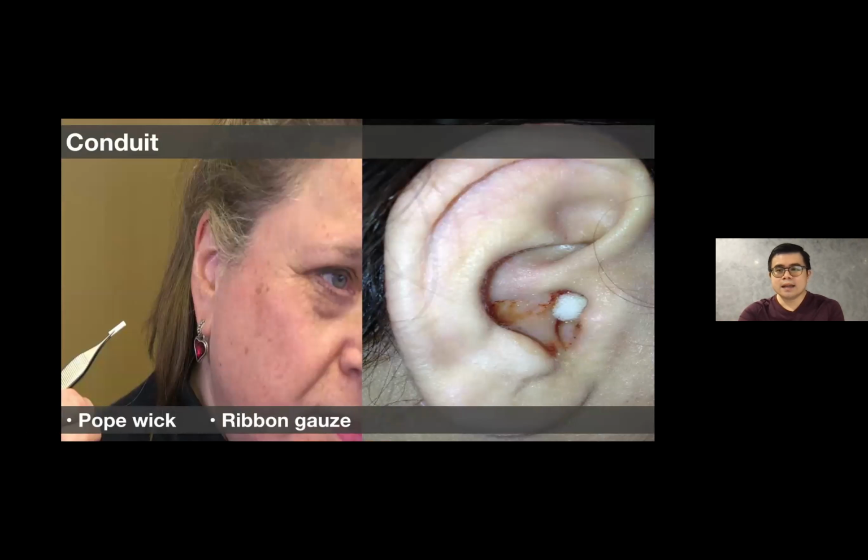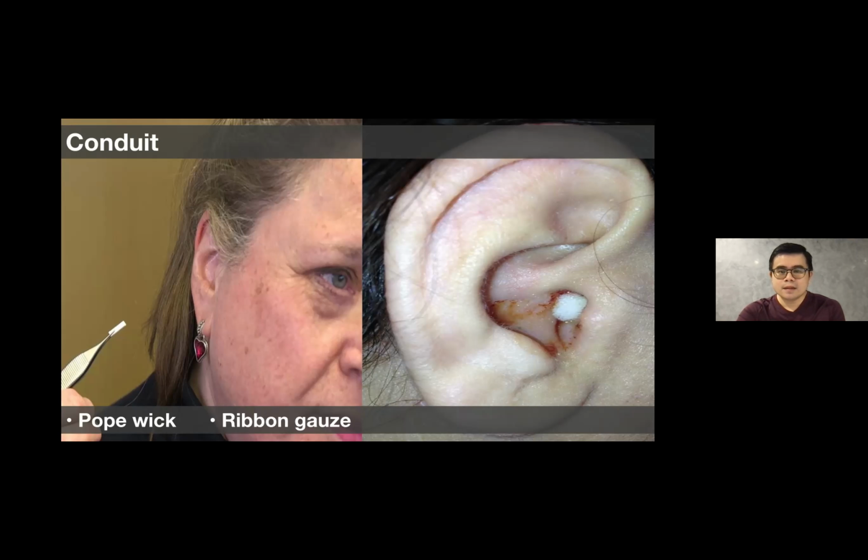So we need to give something like a pope wick, or if you don't have a pope wick, we can use ribbon gauze as well. So this is again similar to the Merocel, a dehydrated sponge. So once we insert it into the ear canal, it will absorb all the pus and blood or fluid, and it will swell up.